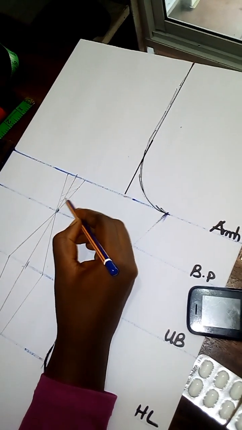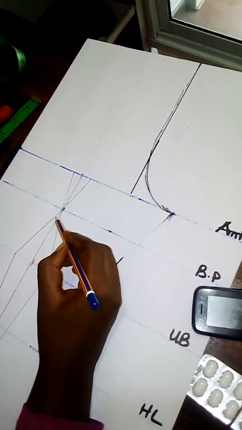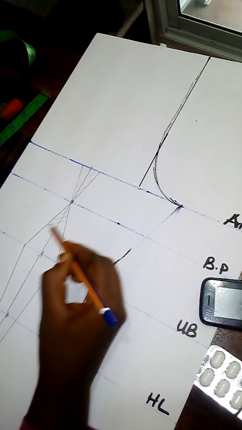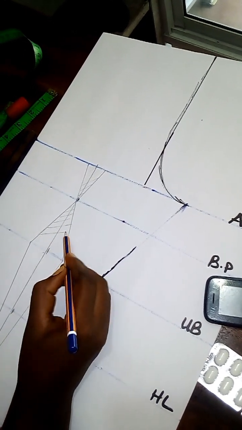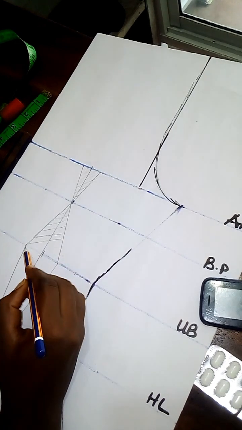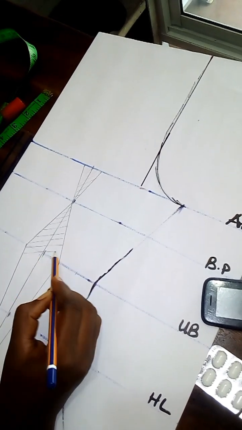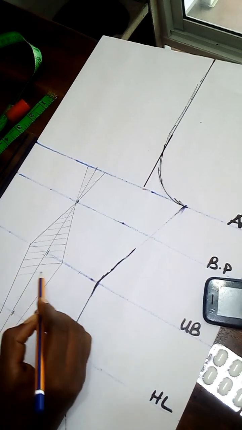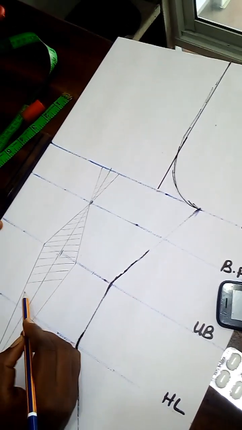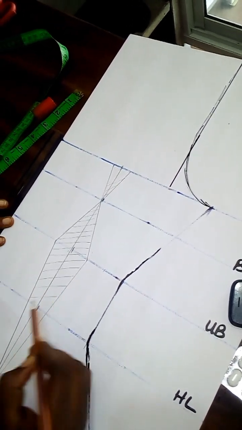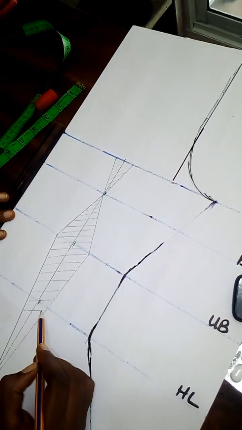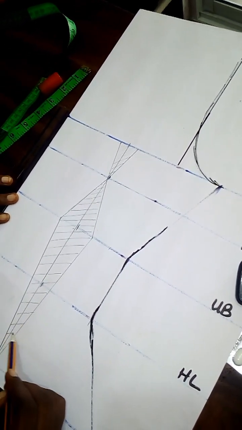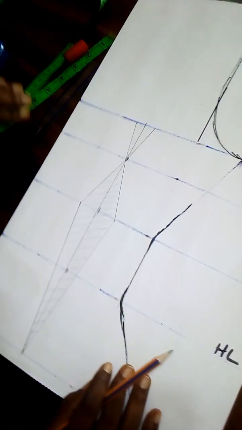So yeah, if you wanted to draft a cupped corset, it is from this point you start making your curves, and then you get your cupped corset. But this is not a cupped corset. I'm not getting a cup. Everything is together. This is like an overbust corset.